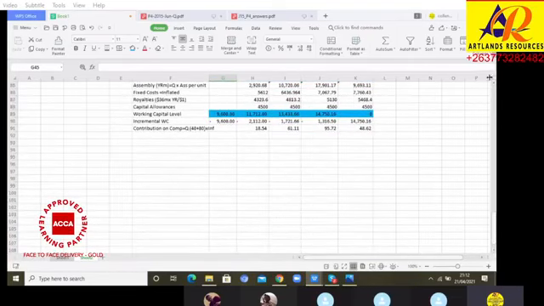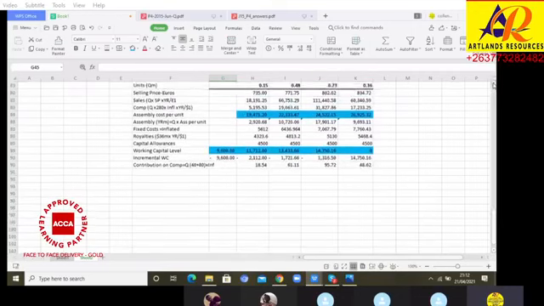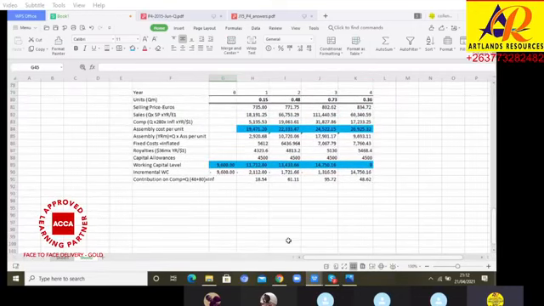21 marks with all these calculations. But I told you that for you to pass the exam, section A has 50 marks. Section B has 50 marks. It is 2 by 25 equals 50 marks.